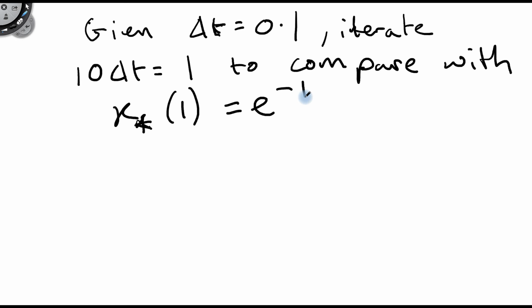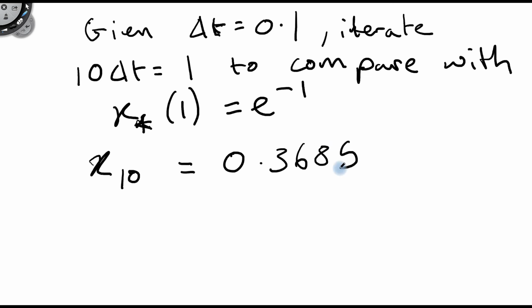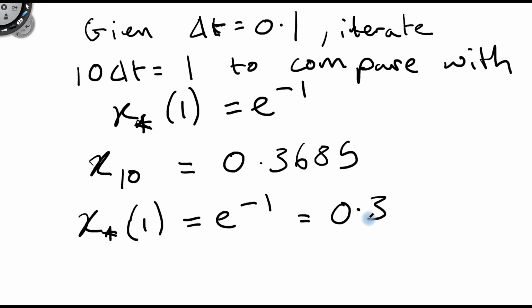And that gives x at 10 is 0.3685, whereas x star at 1 is 1 over e, which numerically is 0.3678. So very close.